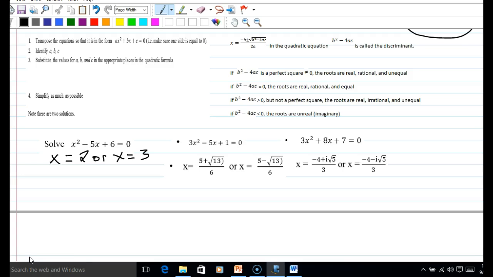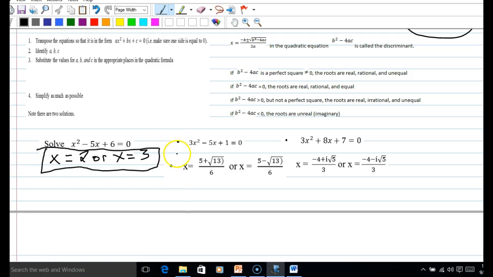And in the quadratic equation 3x squared plus 8x plus 7, we found that x is equal to negative 4 plus or minus i times the square root of 5 all over 3. So in the first example, both of these solutions were real, they were rational.